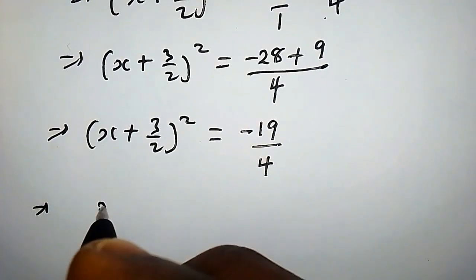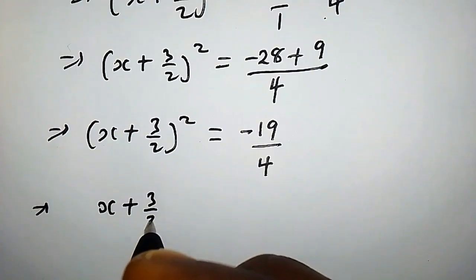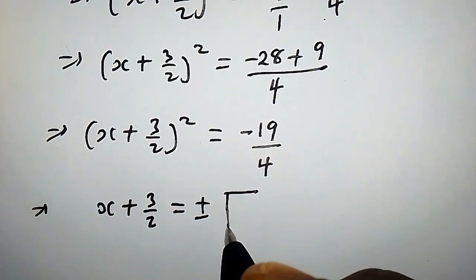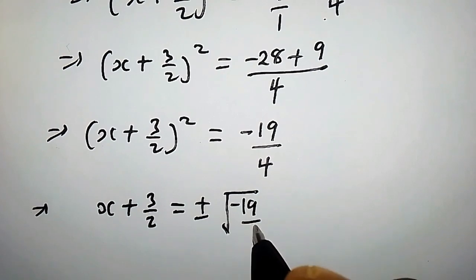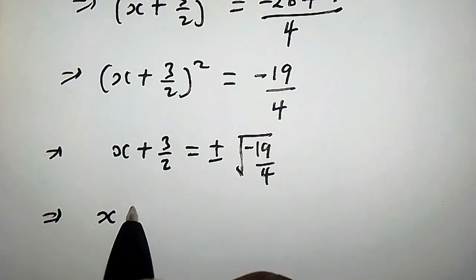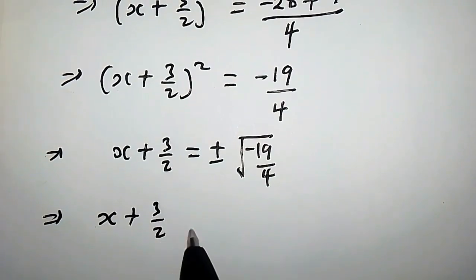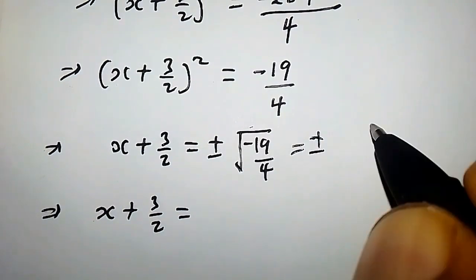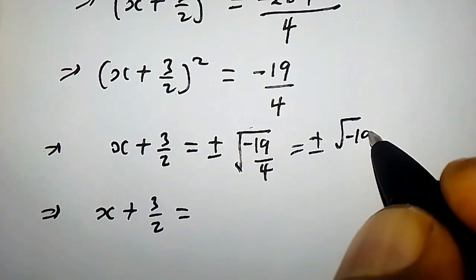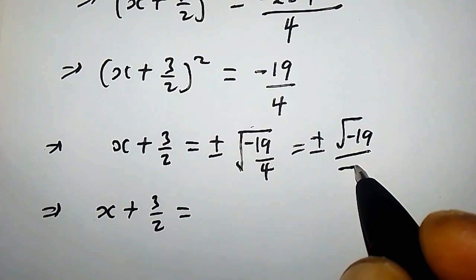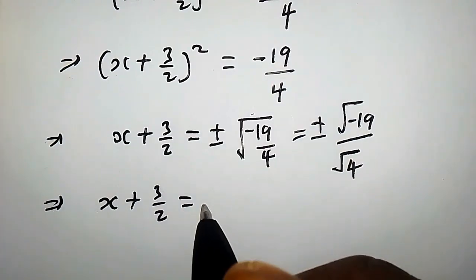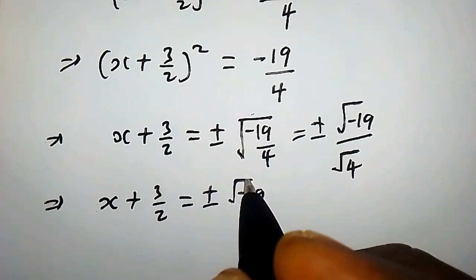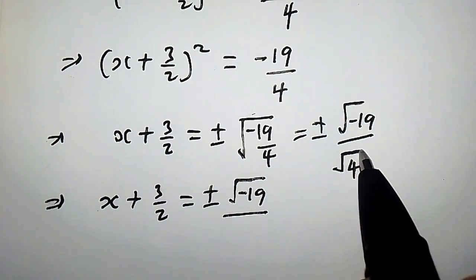Doing that, we have x plus 3 over 2 equal to plus or minus square root of minus 19 divided by 4. I can rewrite this as plus or minus square root of minus 19 divided by square root of 4. What is square root of 4?